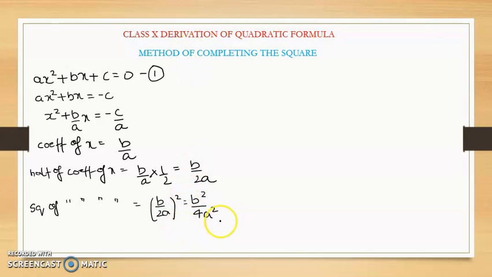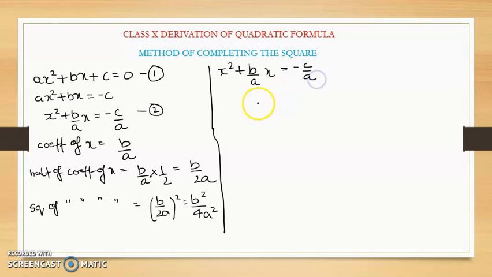Now if I add the square of half the coefficient of x on both sides of equation 2, I'll start from here. x square plus b upon a x is equal to minus c upon a.